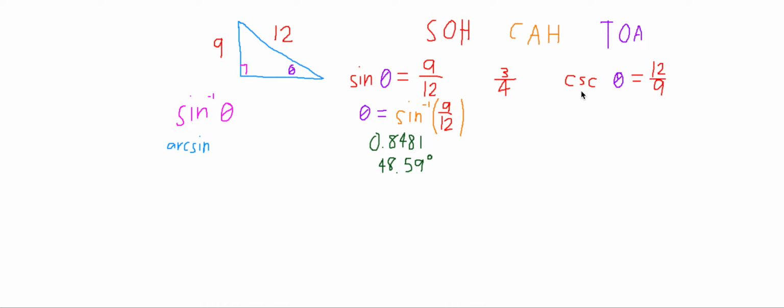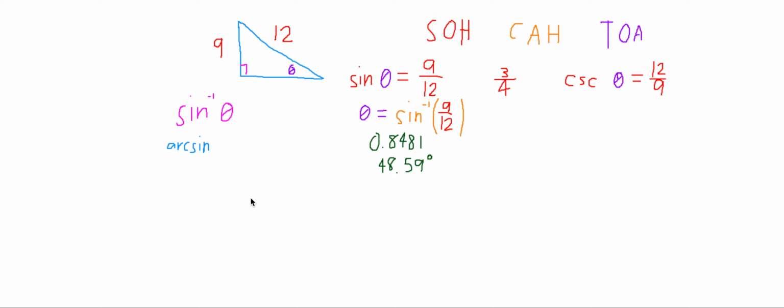Therefore 9/12 is the way to go here. You're going to want to rewrite it before doing this cosecant thing.